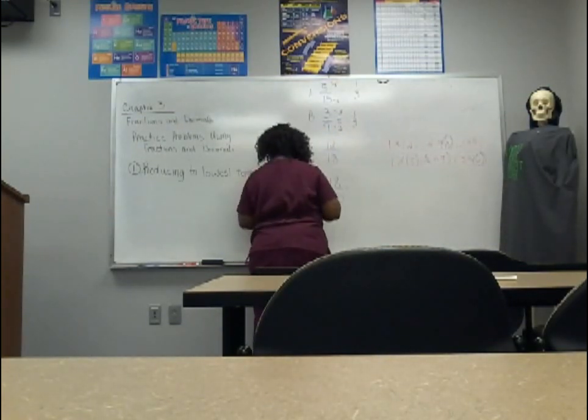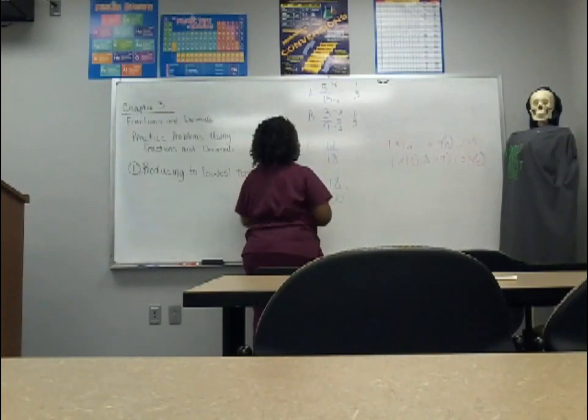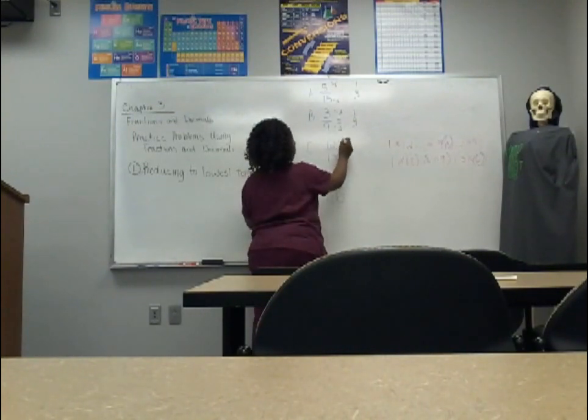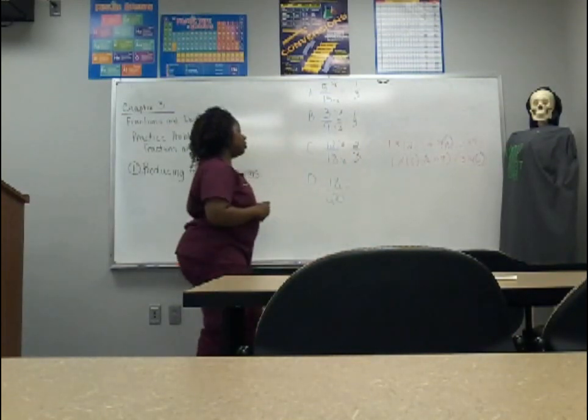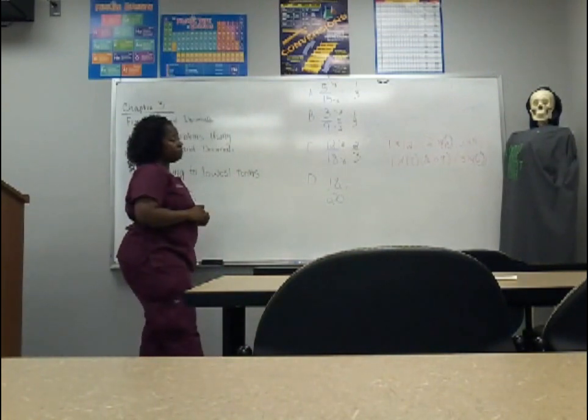So I'm going to divide these by 6. 12 divided by 6 equals 2, and 18 divided by 6 is 3, giving it 2 over 3, or 2/3.